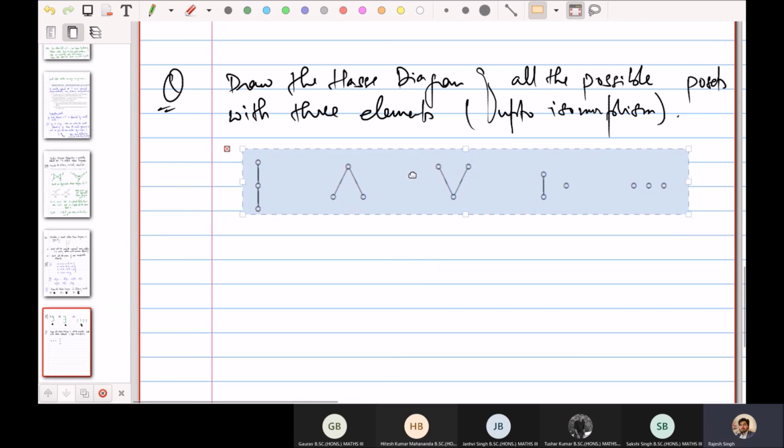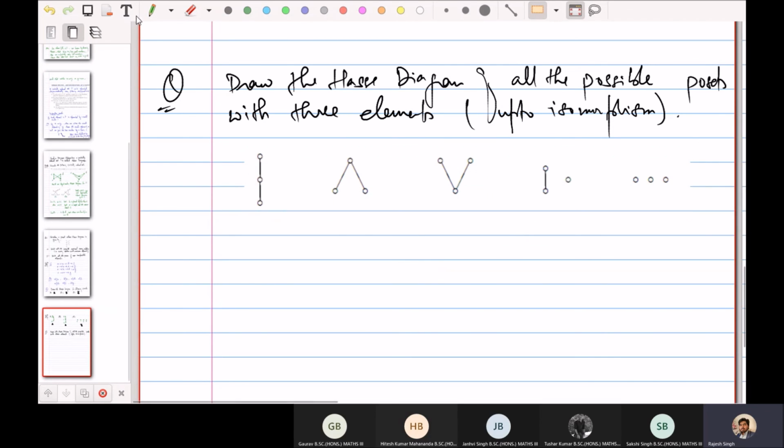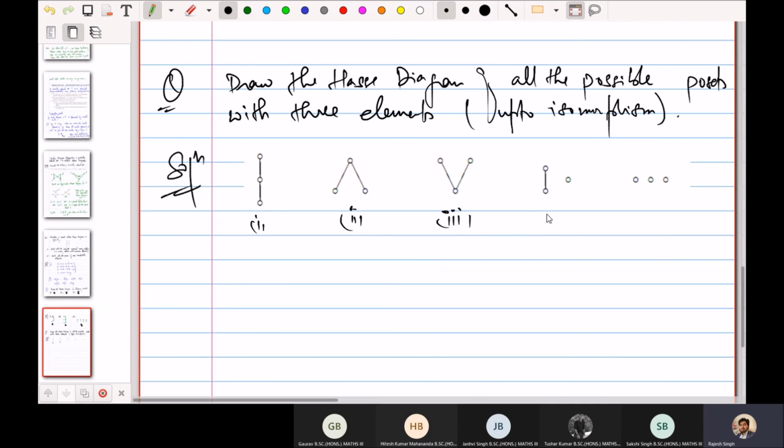These are the only possible posets with, this is first, this is second, this is third, this is fourth. These are the only possible. You can check yourself. So ये तो anti chain हो गया, ठीक है. This one is anti chain.